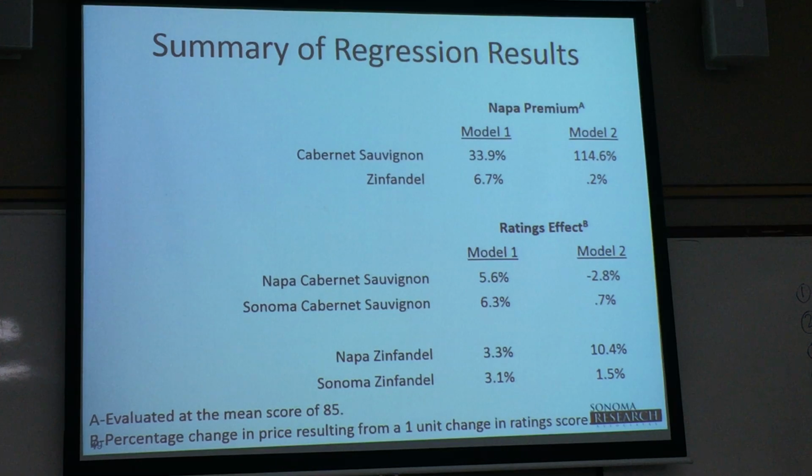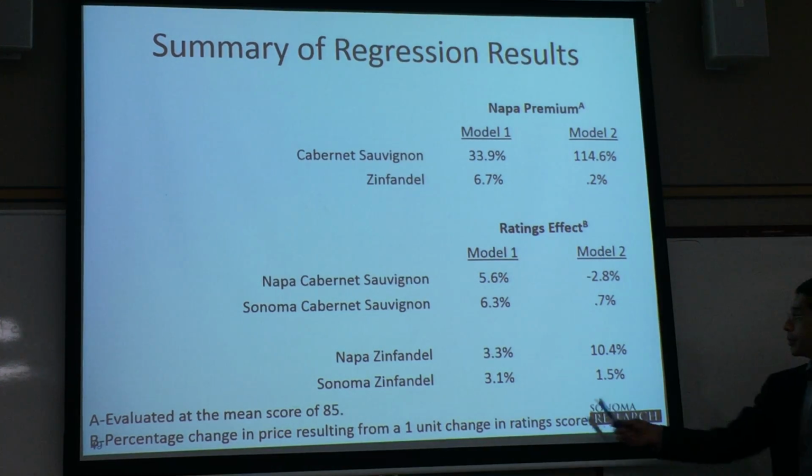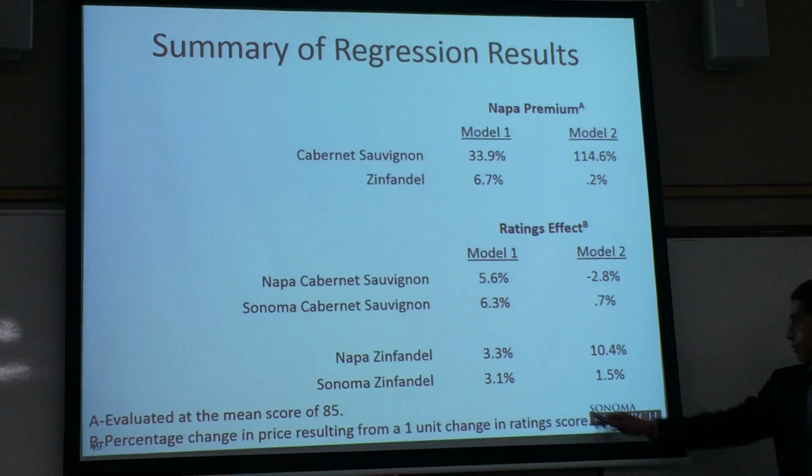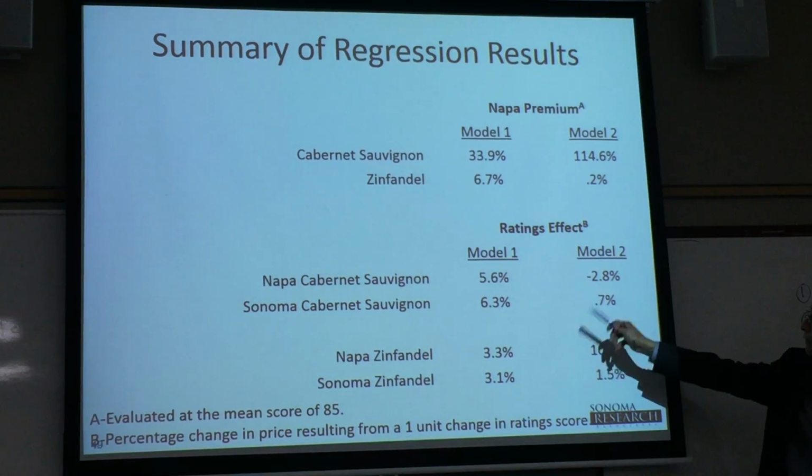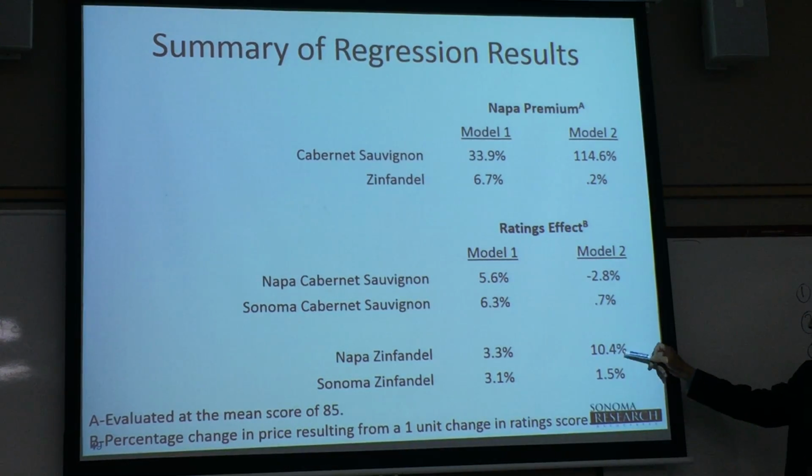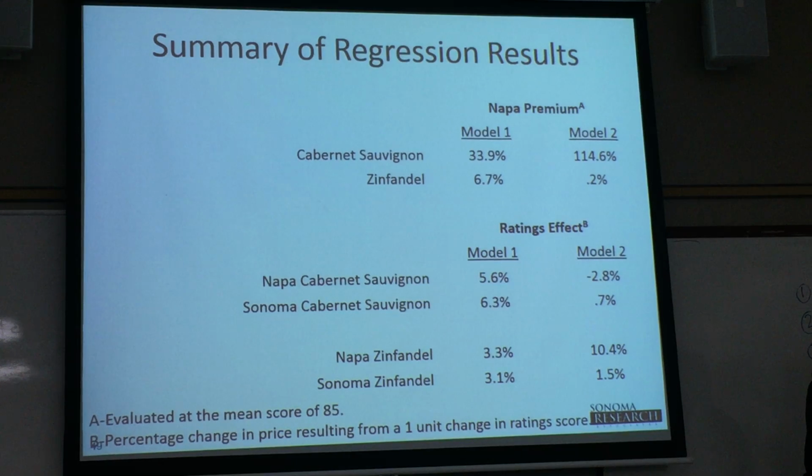And virtually not much of a premium for Zin. So not much changed. We did see the ratings effect change a bit though. In our first model, it was 3.3 for cabs, and now we've got significant results here.